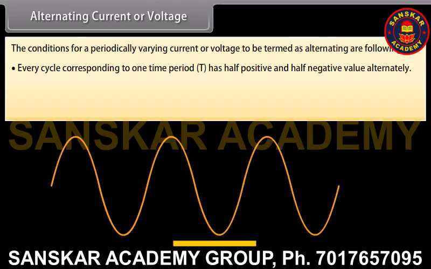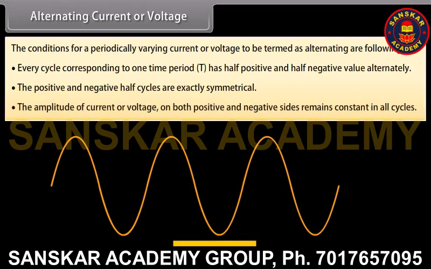In case of current, it means that the direction of current reverses after every half cycle, and in case of voltage, it means that the polarity of the potential difference reverses after every half cycle. The positive and negative half cycles are exactly symmetrical. The amplitude of current or voltage on both positive and negative sides remains constant in all cycles.